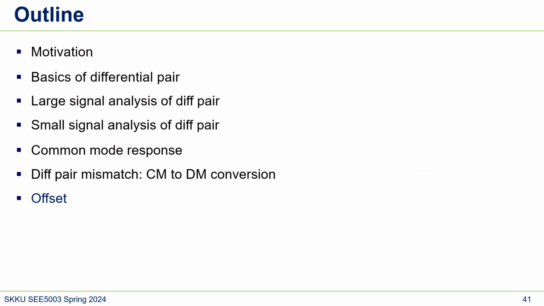So this is the end of today's lecture. The motivation of the differential pair is to reject common mode noise, such as interference from the outside or supply noise. It's also good for linearity, though we haven't covered it. We also learned the basics of the differential pair, which is a common source amplifier.